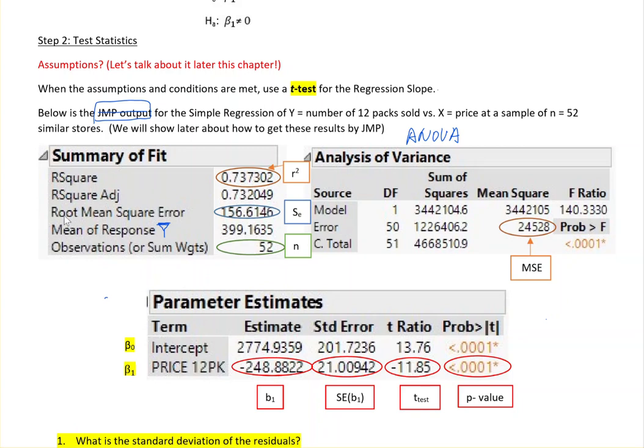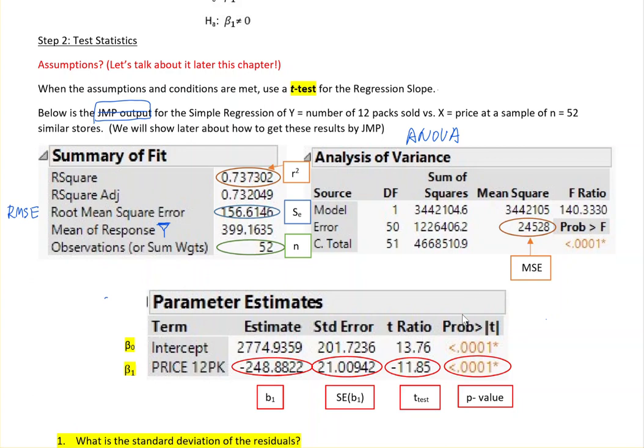But the other one is the root mean square error. So what is the relationship between these two numbers? This is just the square of the standard deviation of the residual. RMSE is short for root mean square error, and this is just the mean square error.